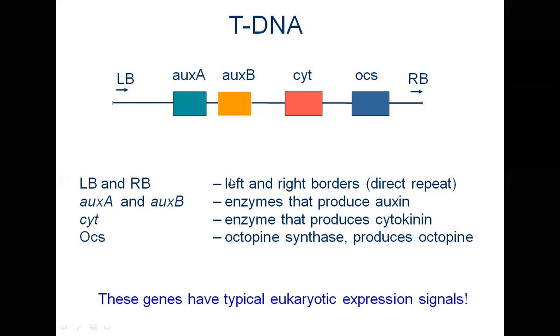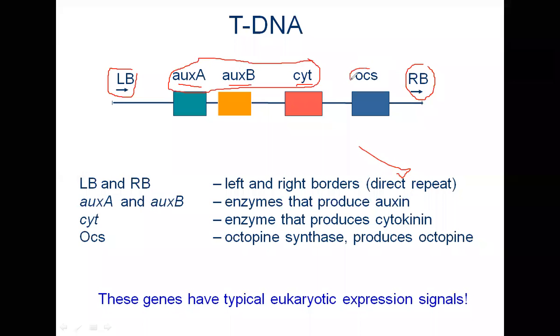Okay, so this is a linear arrangement. In a different way it has been shown over here. So you have this left border, as I said, a 25 base pair direct repeat. You have a right border, a 25 base pair direct repeat, right? And then you have genes AUXA, AUXB, CYT. These are the genes for plant hormone synthesis.